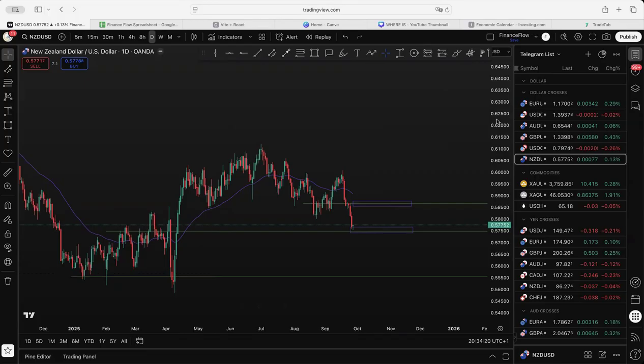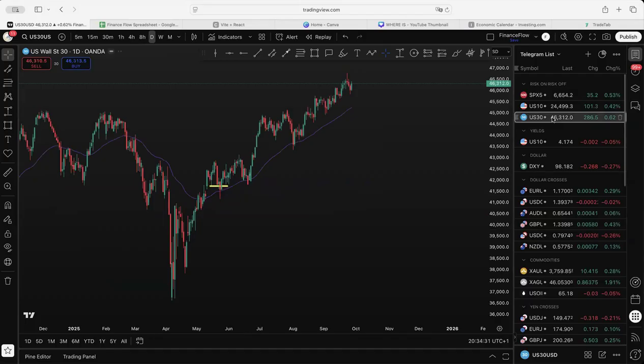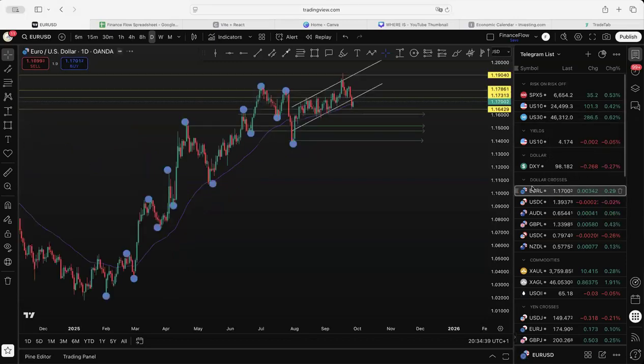Hope that helped, Jim. Andy, how do you group all your pairs in the watch list? Okay, so very, very easy. You just right click, and then you add a section. Basically, all these are sections. I've got my risk on, risk off to help me identify what the overall risk appetite is.